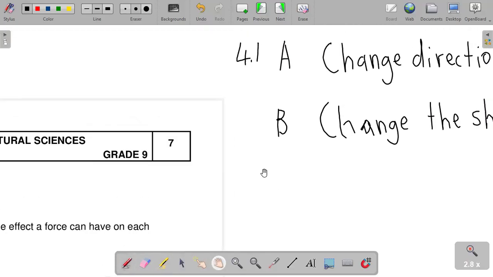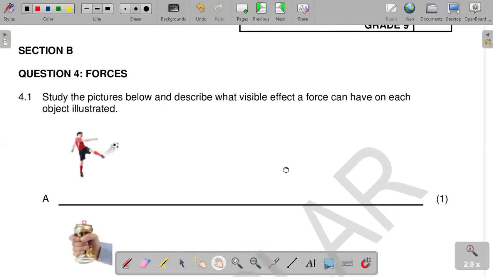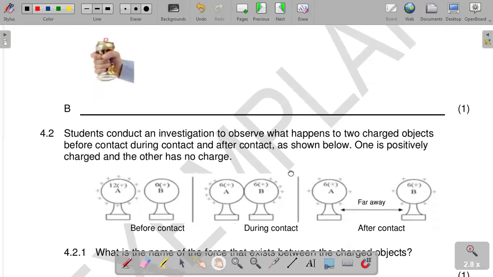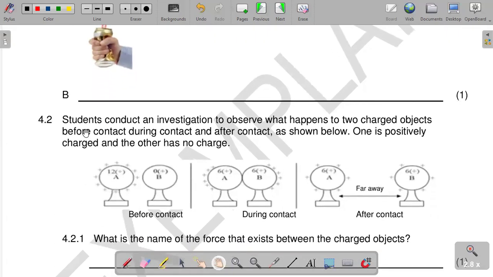So, 4.2. What are they saying here? Students conduct an investigation to observe what happens to two charged objects before contact, during contact, and after contact, as shown below.